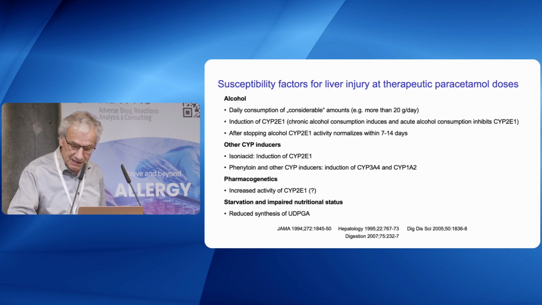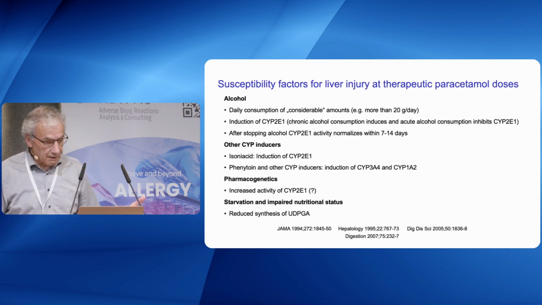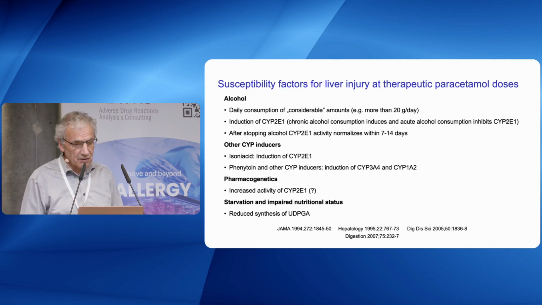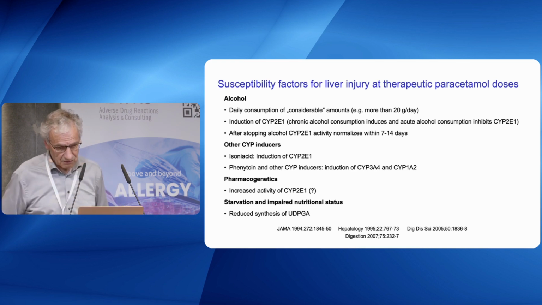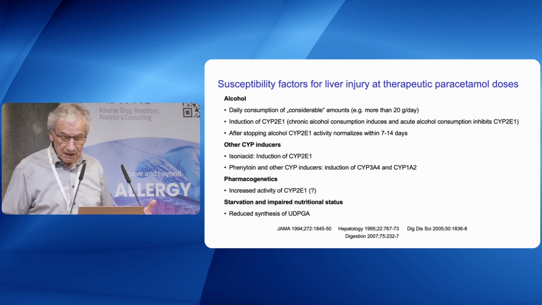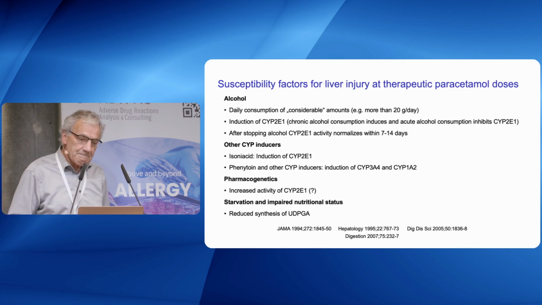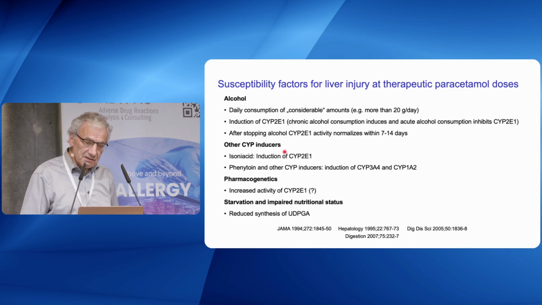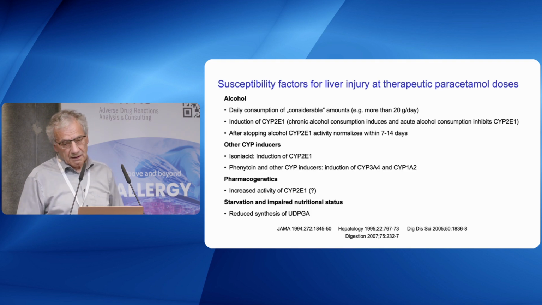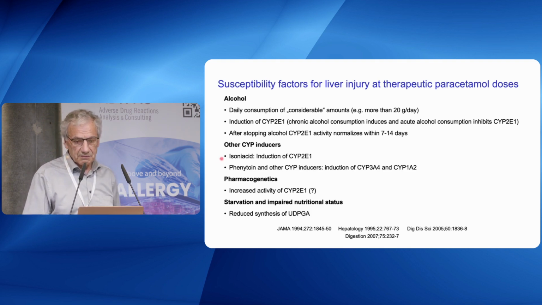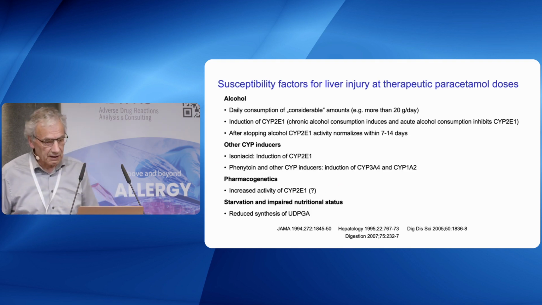When we summarize that, susceptibility factors for liver injury at therapeutic paracetamol doses: alcohol, as I told you. When you stop drinking, it takes about 1 to 2 weeks that this is normalized again. This is the half-life of CYP2E1. And other CYP inducers, isoniazid, important, and phenytoin, because this toxic metabolite can also be produced by CYP3A4 or 2A1.